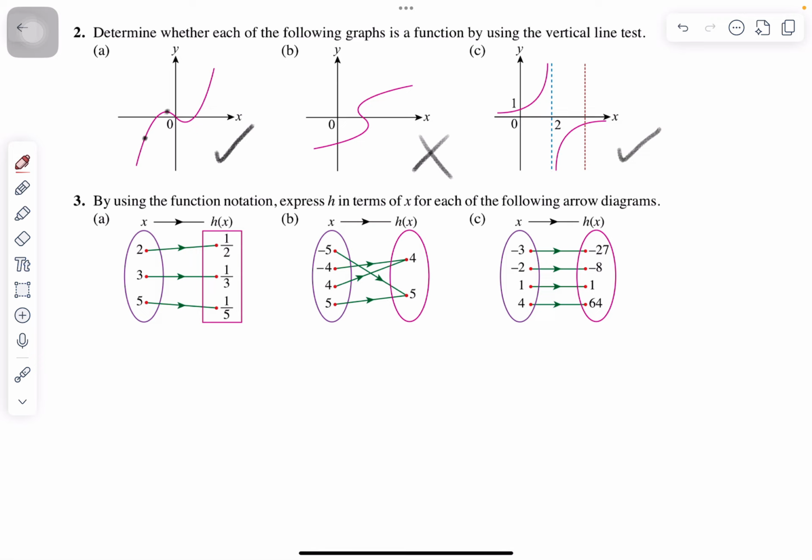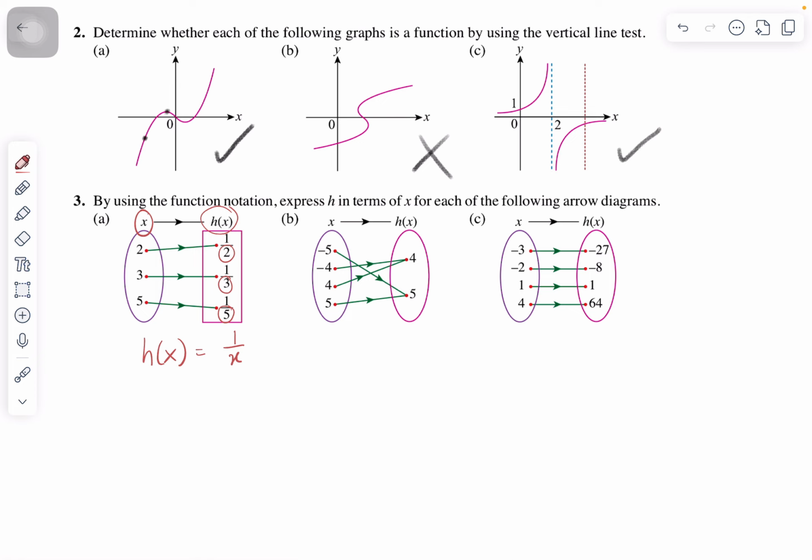So this function h(x) will equal 1 divided by x. Okay, so this is our x. Our h(x) is 1 divided by x. So this is our function 1 over x.